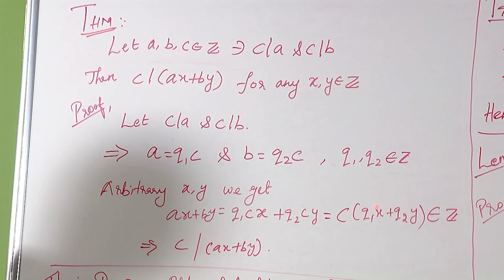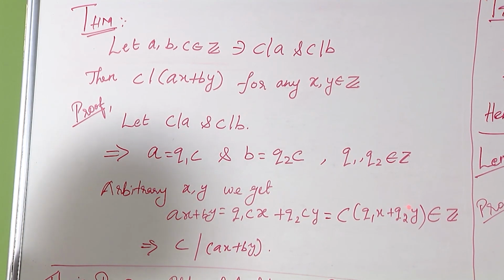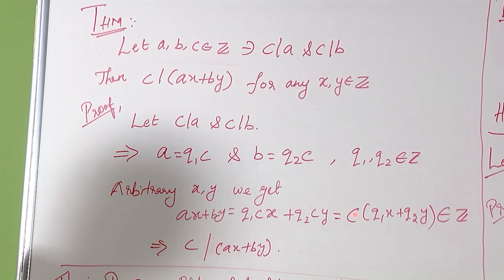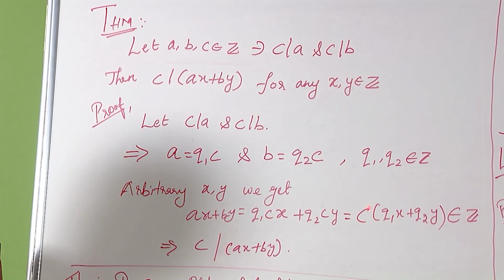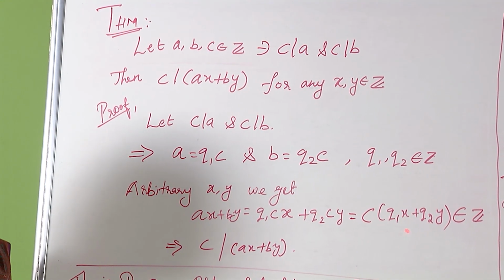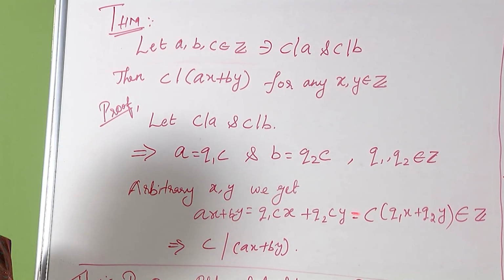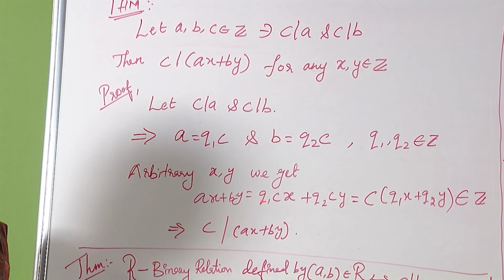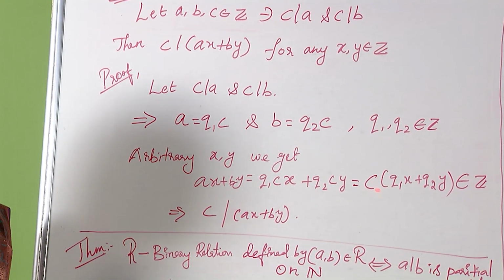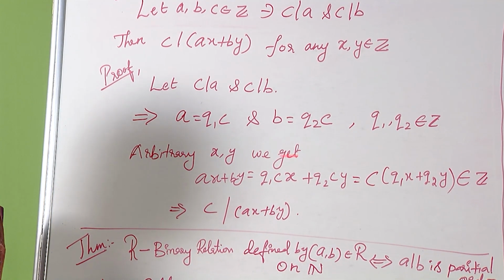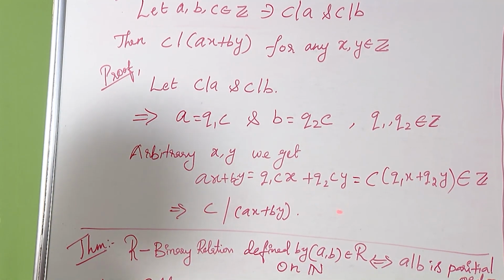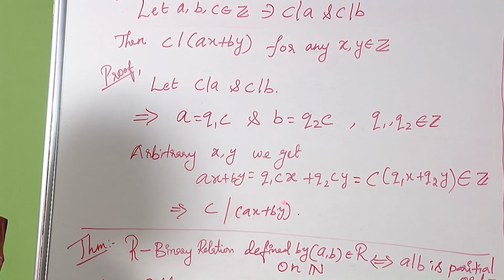Therefore q1x plus q2y is also an integer, and the product of integers is an integer. Therefore ax plus by can be written as a multiple of c. That implies that c divides ax plus by. So we are able to prove this.